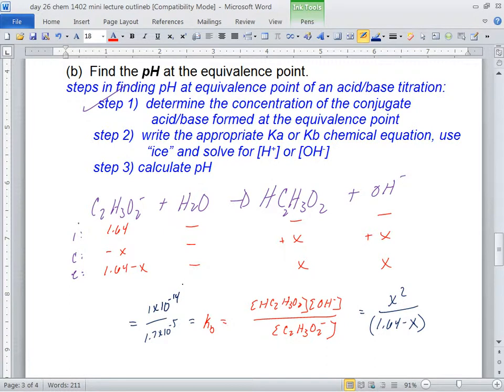Please get a 10 to the negative what? 10 to the negative 4 is cutting it, or 10 to the negative 5, negative 6, negative 7, and then we can drop that x, remember? So 1 times 10 to the negative 14 divided by 1.7 times 10 to the negative 5. That's a 10 to the negative 10, that's perfect, right?